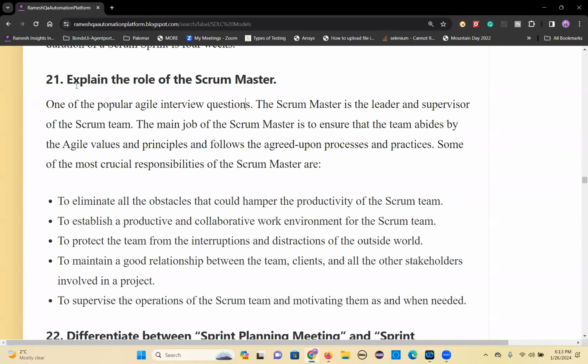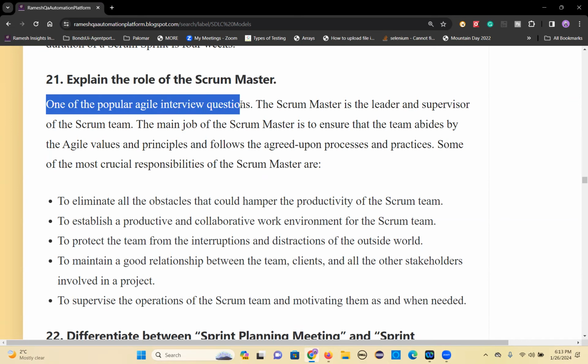And again, I'm repeating the roles of a Scrum Master. If you have questions, you need to talk, otherwise it's not going to help you. One of the popular interview questions: the Scrum Master is the leader or supervisor of the Scrum team.